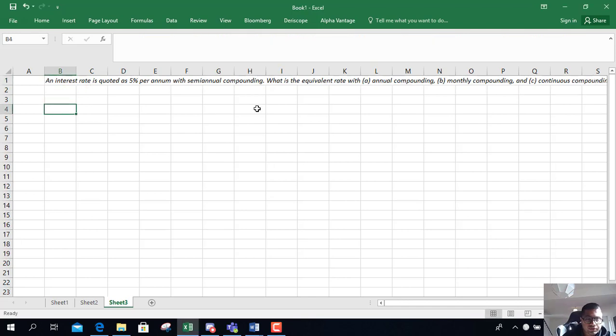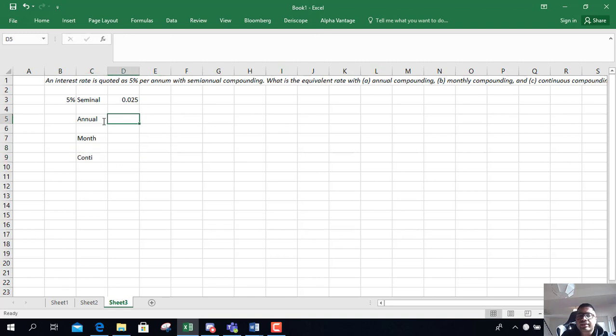Okay. So let's do it. What is given to you? A 5% interest rate is given, but it is semi-annual. So the 5% is the annual rate, but compounding is semi-annual. So what is the semi-annual rate? It is 2.5%, so 0.025. Now they are asking you to find the annual compounding equivalent, monthly compounding equivalent and continuous compounding equivalent.